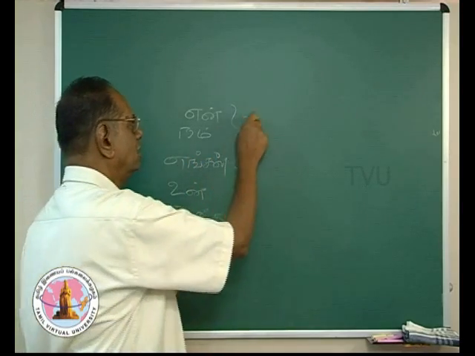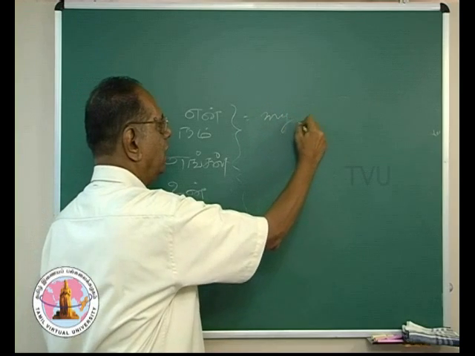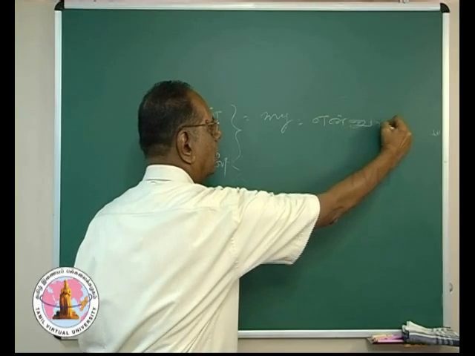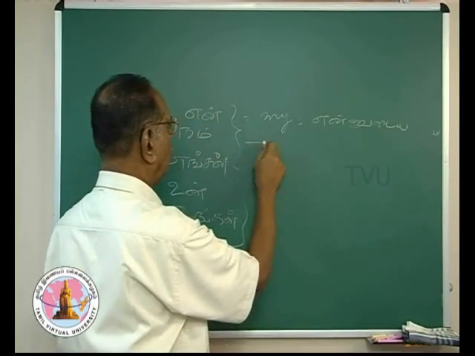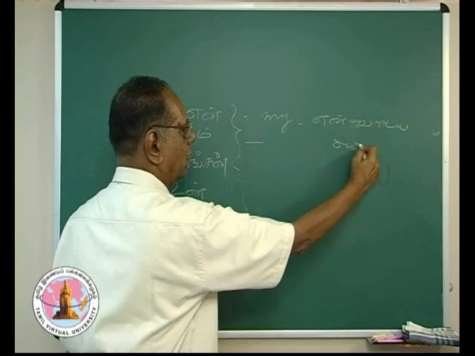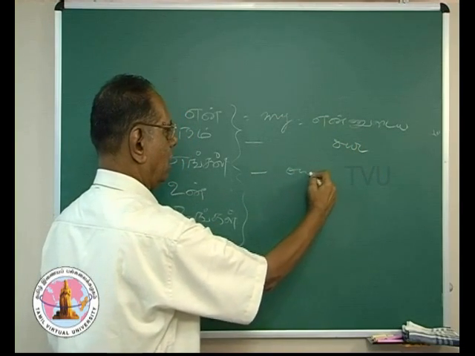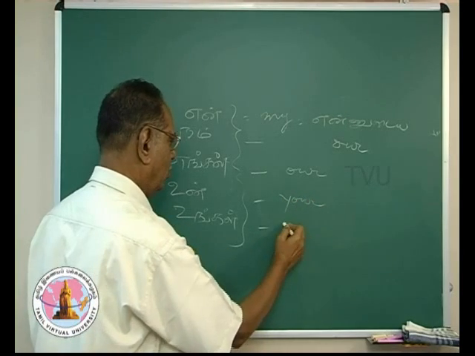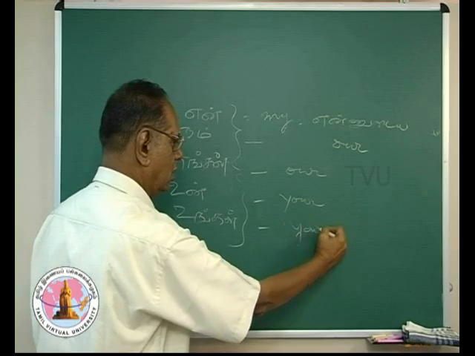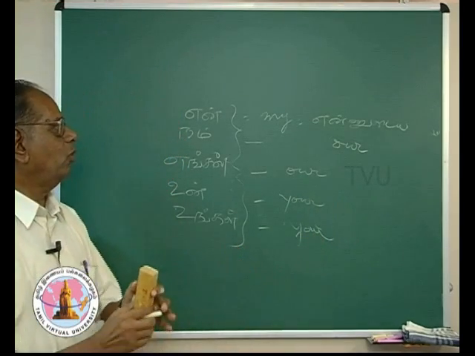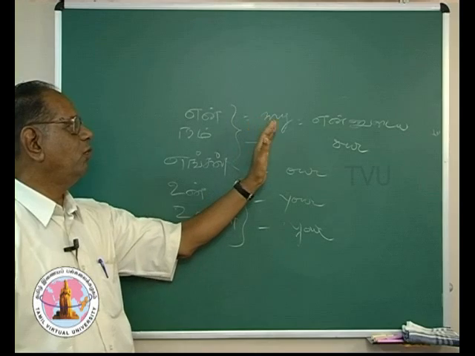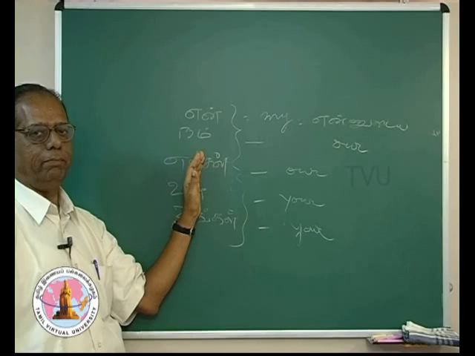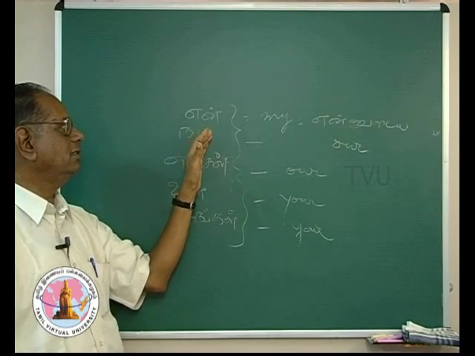So, என் is my, equivalent to என்னுடைய. So also நம், our, எங்கள், our, உன், your singular, உங்கள், your plural. So, before adding the case marker udaya, this was the form. Earlier, this had a different form.